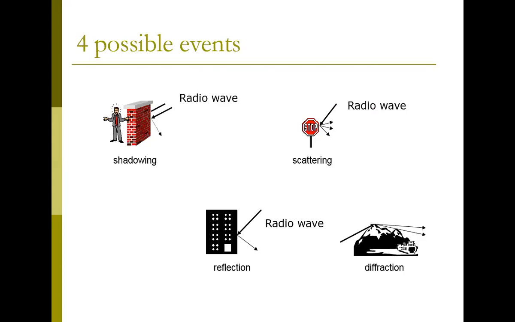From this figure, you can visualize what the effects are. Radio waves, shadowing effect. Shadow may also affect the reflection, because some energy has been focused over there also. This is the scattering.